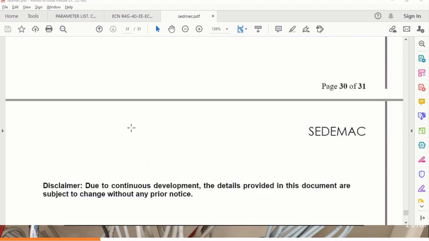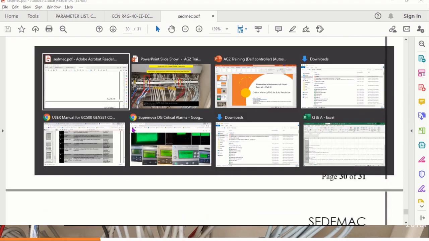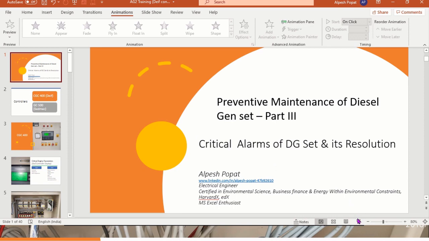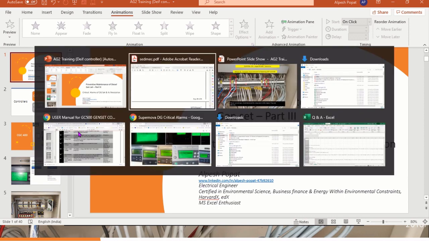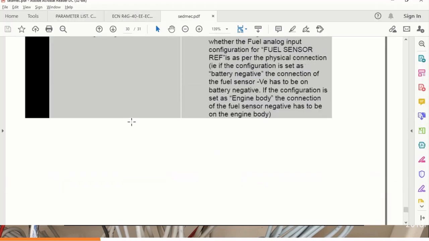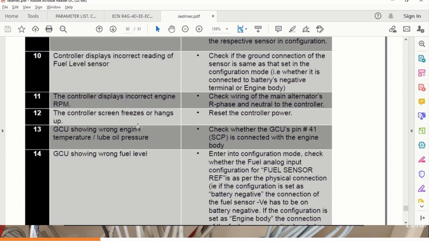So now I think we have learned all these critical alarms of the engine, and with this we can conclude that in the event of critical alarms, this is what kind of troubleshooting is required. I hope this section is helpful in your daily life to operate the DG set in a trouble-free environment.